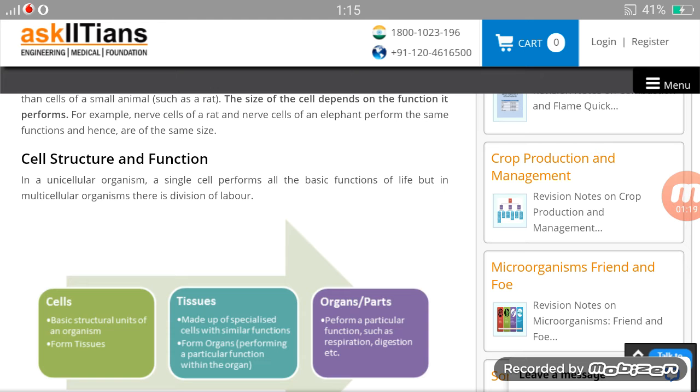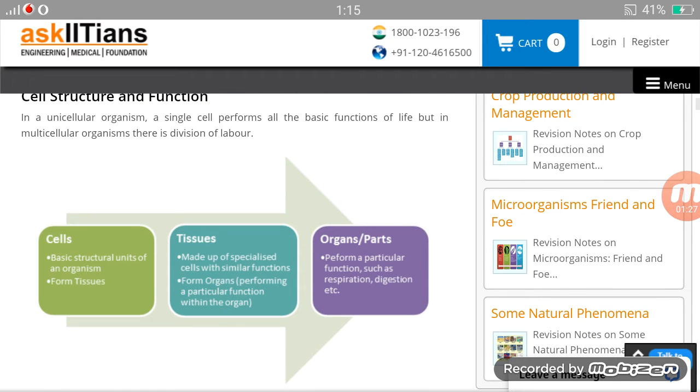Cell structure and function. In a unicellular organism, meaning an organism with a single cell, a single cell performs all the basic functions of life, but in multicellular organisms there is a division of labor. As I have already told you in the previous video, in a multicellular organism many same types of tissues join together and perform the assigned function.